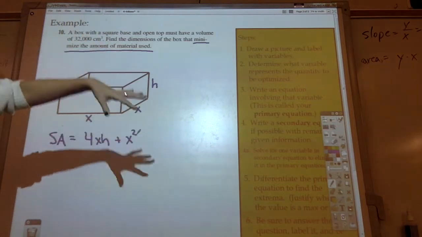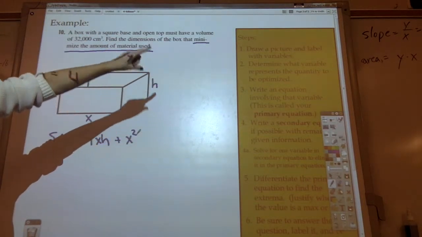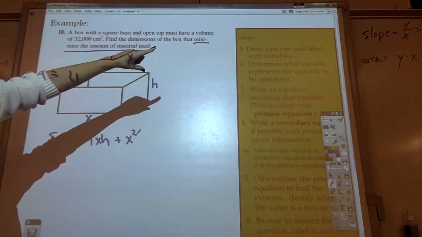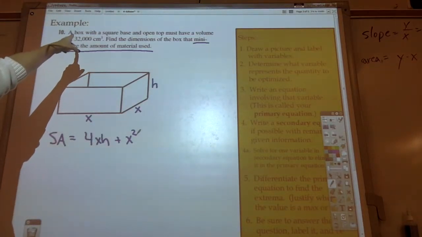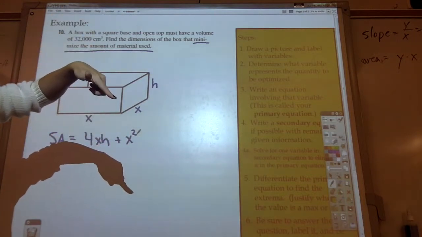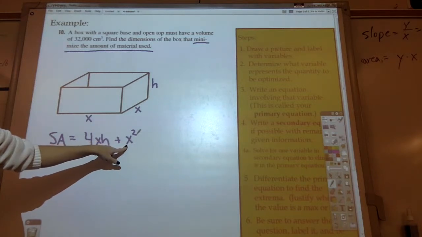Okay, let's look at the steps. This is really, really similar to related rates. We drew the picture, we labeled it with variables, we figured out what variable to be optimized, we wrote an equation involving that variable. Now, with the given information that we didn't use yet, we can make another equation. And that'll let us get rid of one of these variables. Maybe that's why you said L, because then we could have gotten the L out of this one.